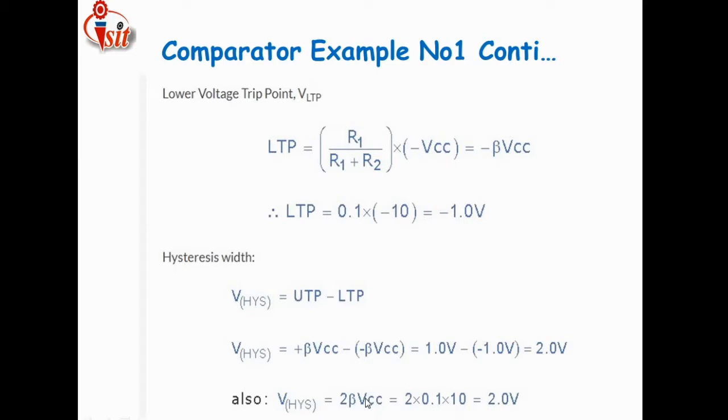Put in the values of each quantity: 2 into the value of beta, which is 0.1, and VCC is 10. Then after calculation, what do we get? 2 volt. That means by using this formula we get a hysteresis value of 2 volt, and by using the other formula we also get a hysteresis value of 2 volt. That means both formulas are applicable in the same manner.